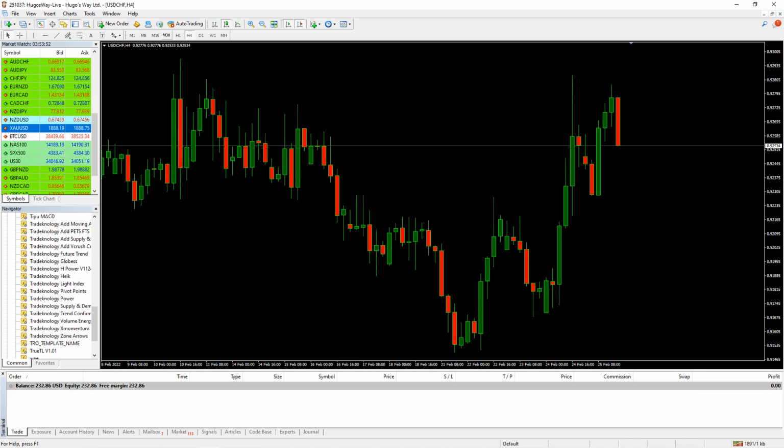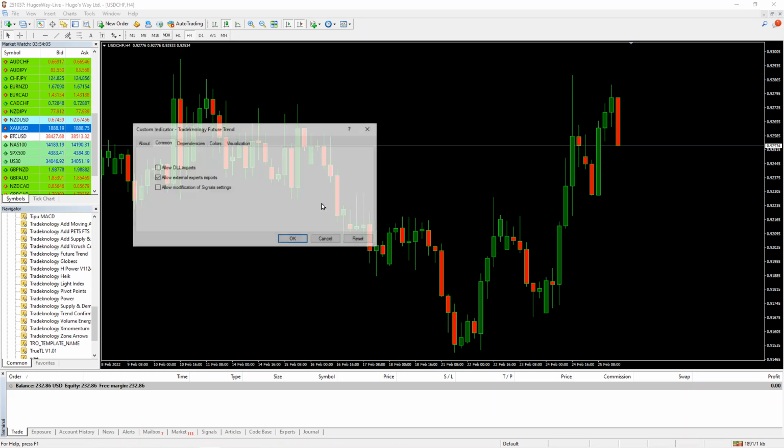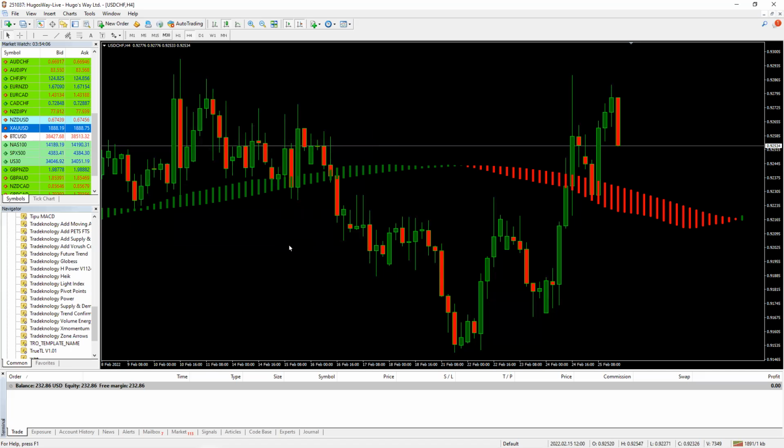And now we're going to start into the indicators that are available to the primary members, the VIP members. VIP members have the ability to use indicators like this one over here, which is the future trend. What the future trend basically does is, as its name says, it gives you a picture into the future.